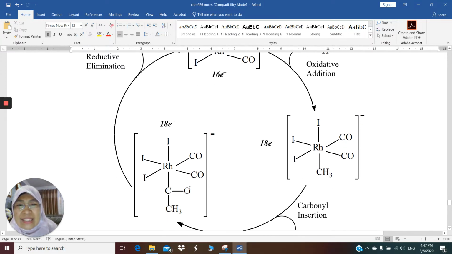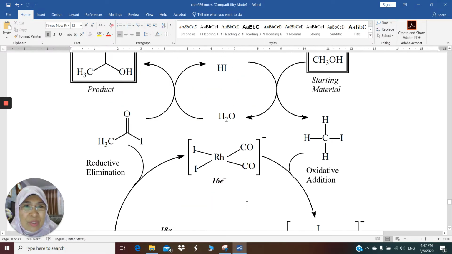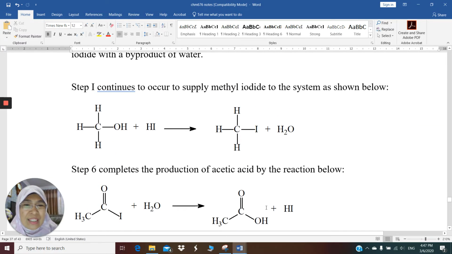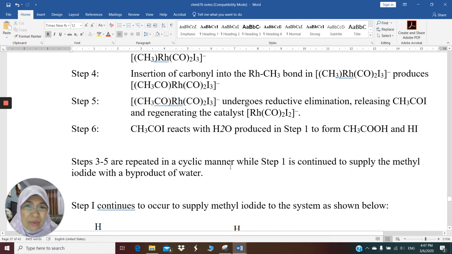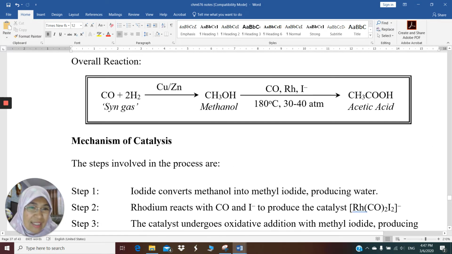So the elegance of this Monsanto process is, what do you want to get at the end of it? You want to get ethanoic acid or acetic acid. You need a methyl, you need CO next to the methyl, and you need OH.